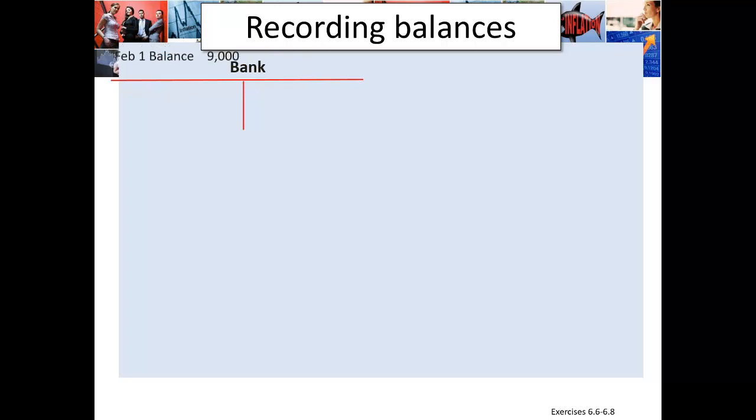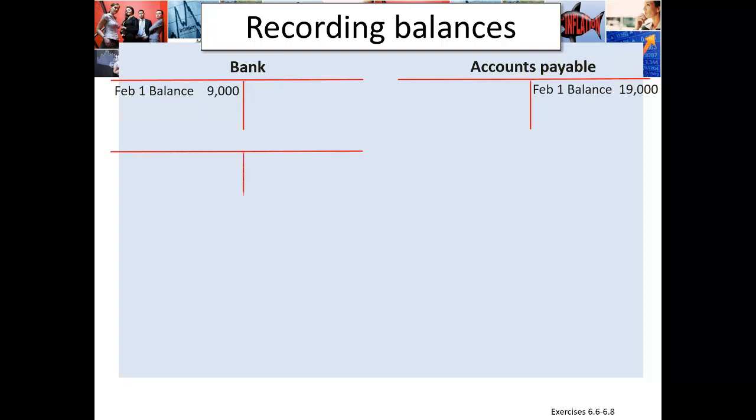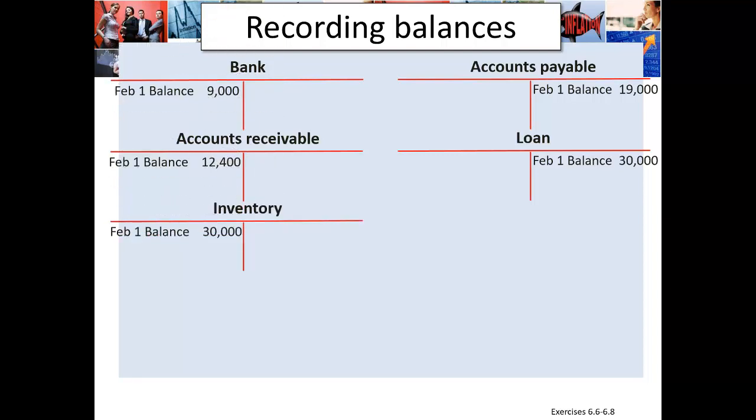Okay, recording some balances here. Those balances are coming from the information on the previous slide. Stock is an asset, normal nature debit.